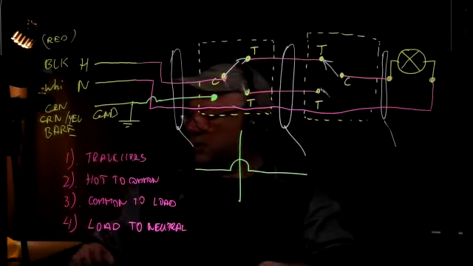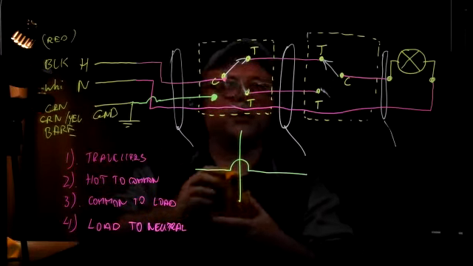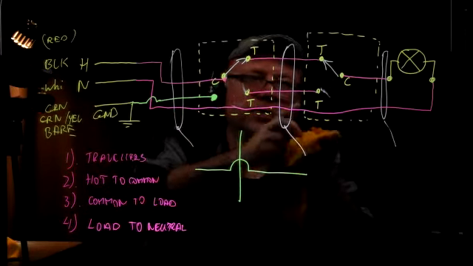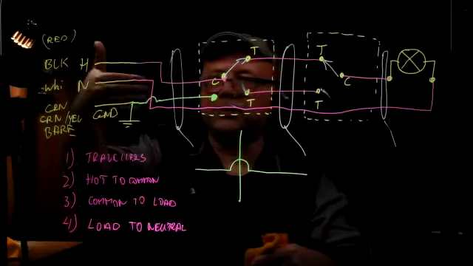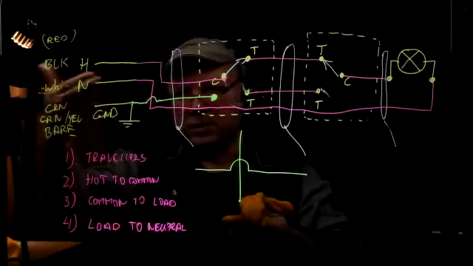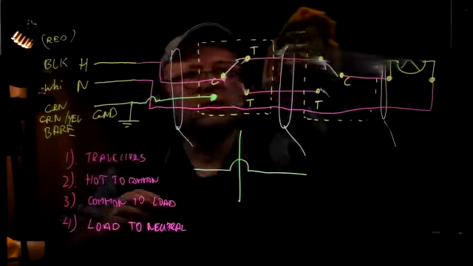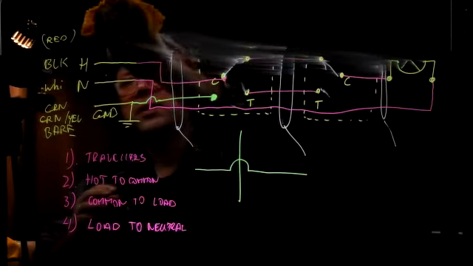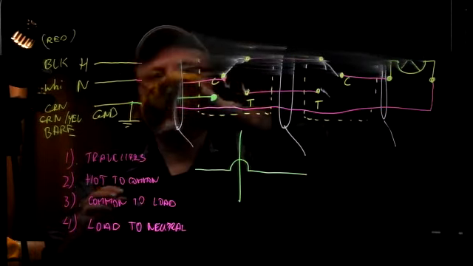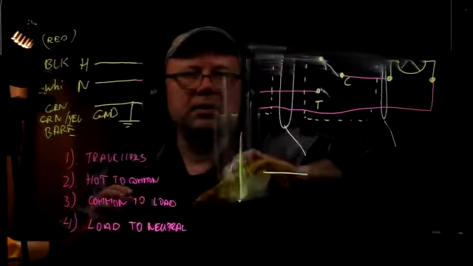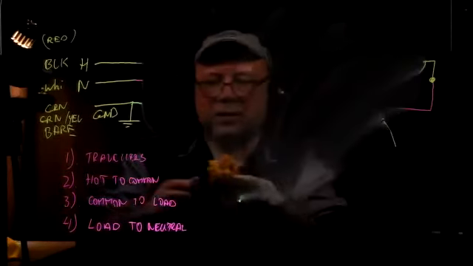Okay. Now let's take a look at a slightly different scenario. We had switch 1, switch 2, and the light bulb, and the power supplied from our left side here. Let's just leave the power supply here.